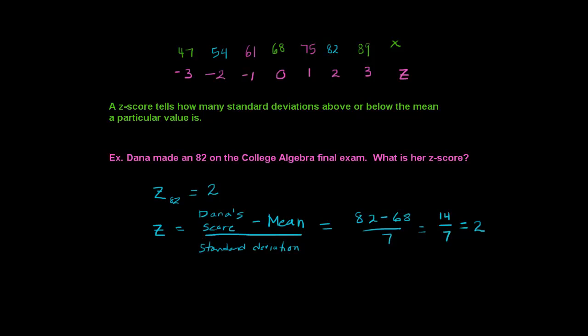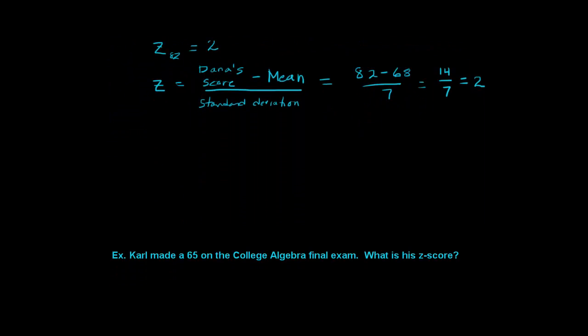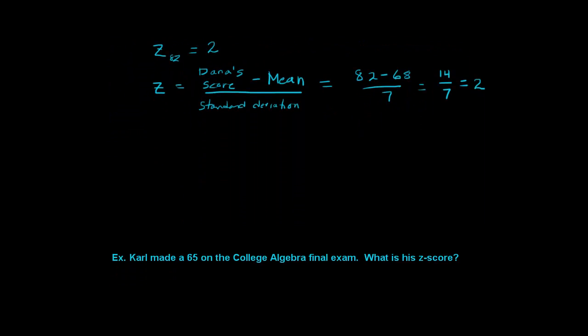But I can use this calculation and say that the z-score for a 65 is equal to Carl's score, 65, minus the mean, which was 68, that's how far apart his score and the mean were, and divide that by 7.